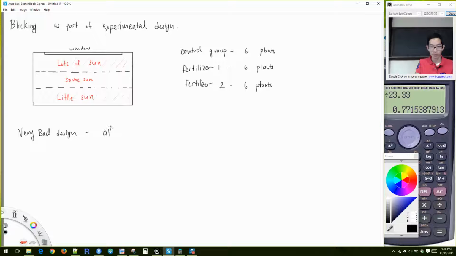Okay, and then all 6 fertilizer 1 go in some sun. And then all 6 control go into little sun.